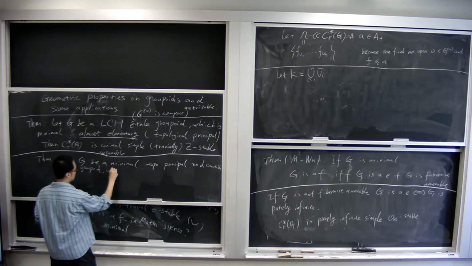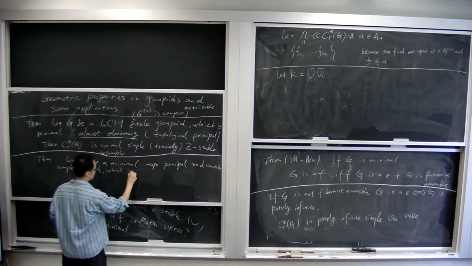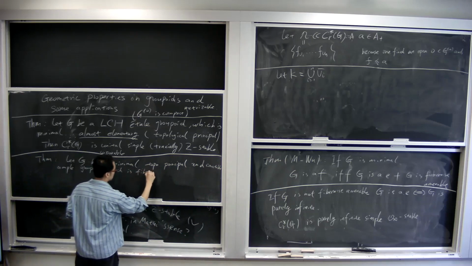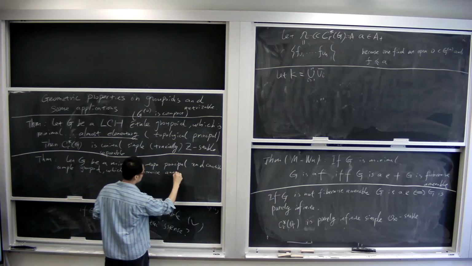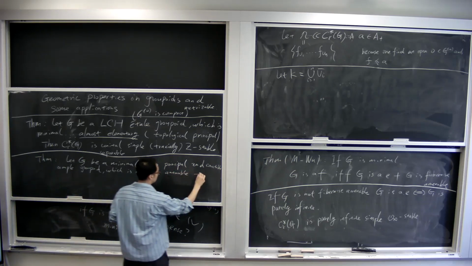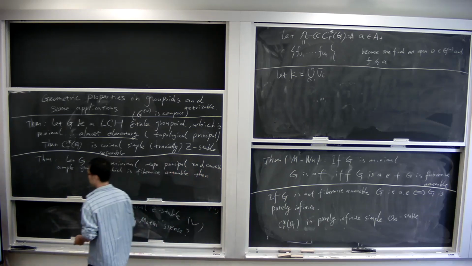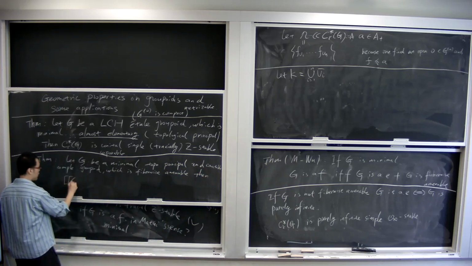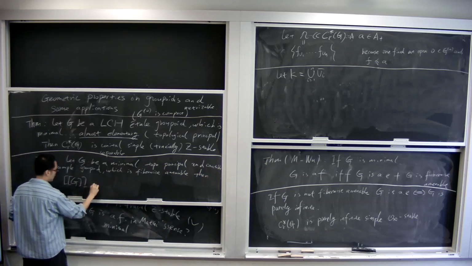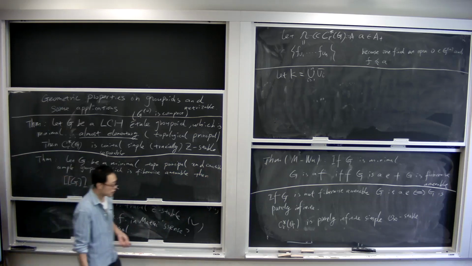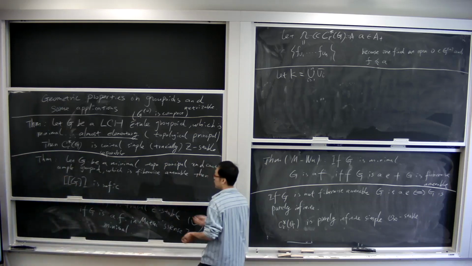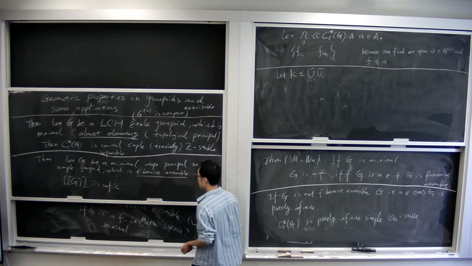Of course, which is important, each fiber is minimal. I will explain later. Each fiber is minimal. Then your topological full group, which I will define later, is isotropic. This is a result using that each fiber is minimal.